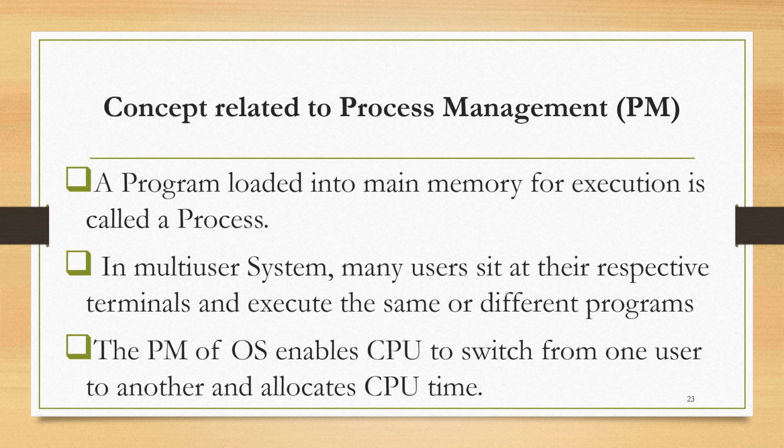Earlier also I mentioned, if you have a single CPU, its time has to be sliced. Its time has to be divided into small portions of seconds, and those times are given to the multiple programs.